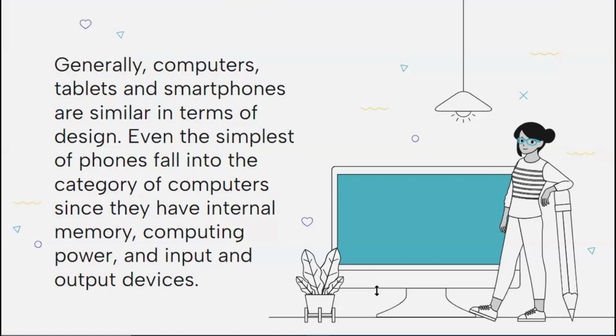Yet, with that smaller form factor of smartphones and tablets comes the added convenience of far more portability and mobility, which is the capacity to take them almost everywhere. Now, let's discuss things all computers have in common, and that is hardware and software.